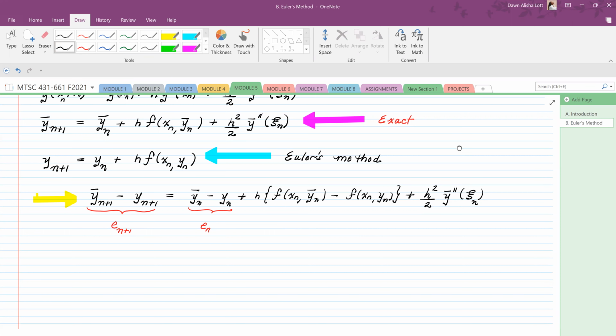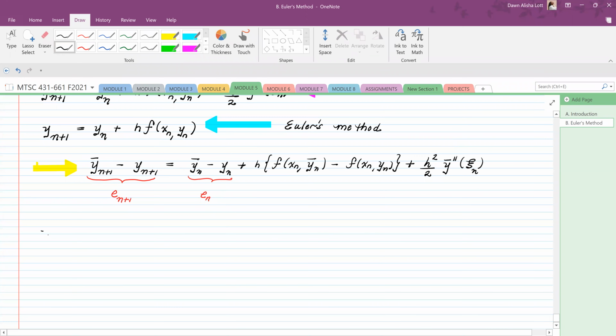So we get en plus 1 is equal to en plus h times f of xn, y bar n, minus f of xn, yn. And then we still have the h squared over 2 y bar double prime at some cn.